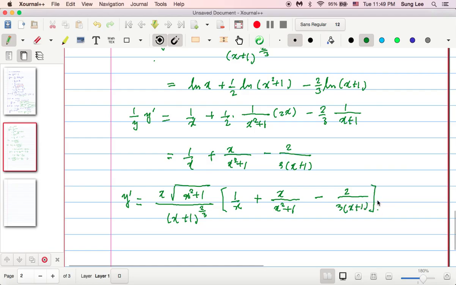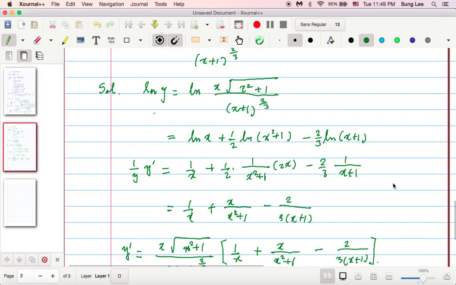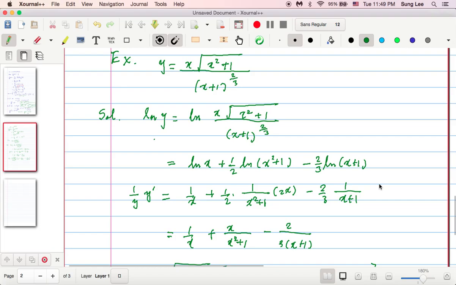Okay, so it's not bad at all, right? But just imagine, you didn't have to use this logarithmic differentiation. You could have used the product rule, quotient rule, and the chain rule to find the derivative of this.